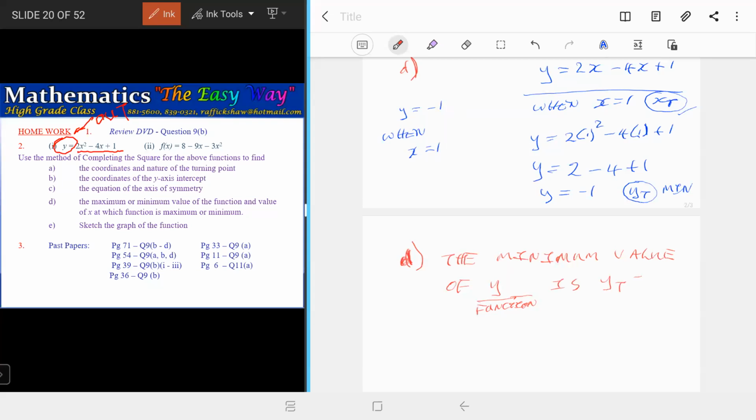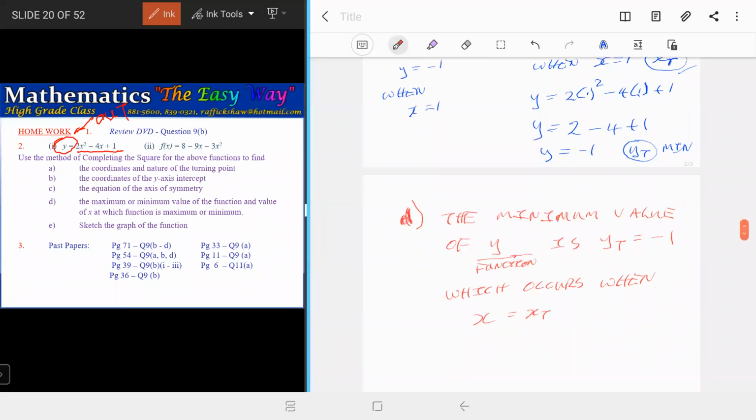And that yt value is -1. So the minimum value is -1, which occurs when the x value is equal to the xt value.